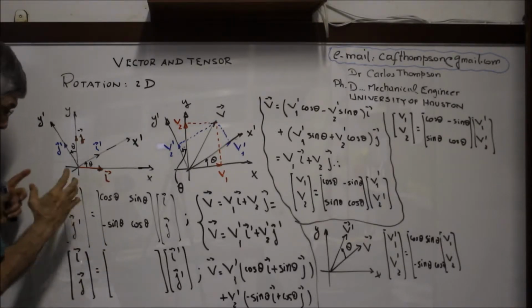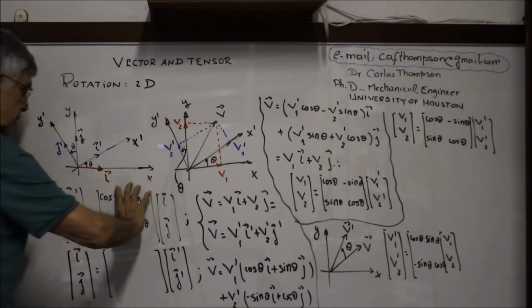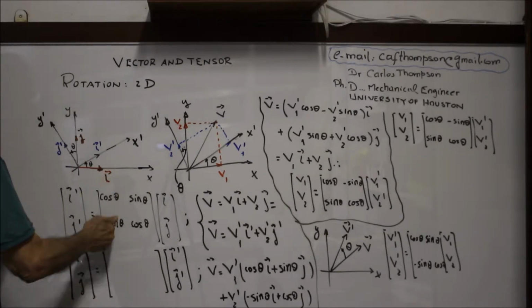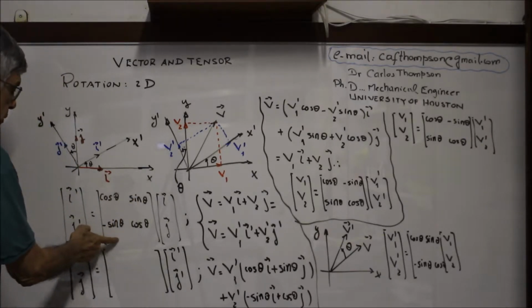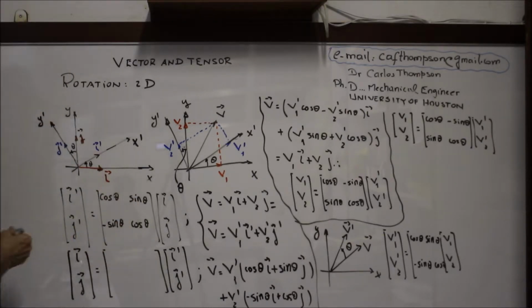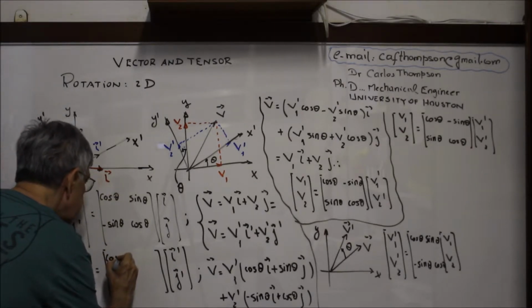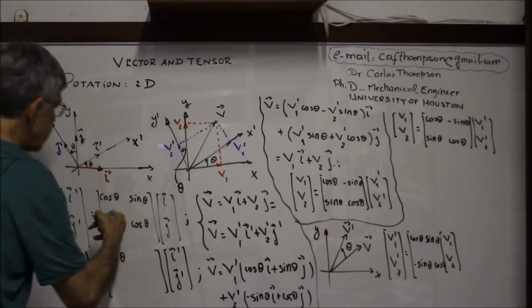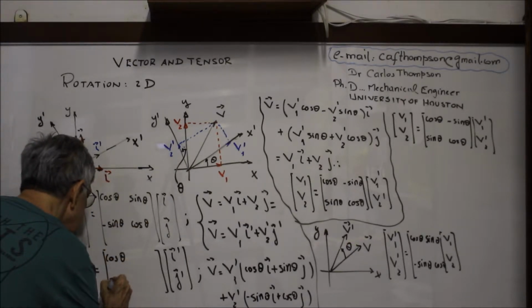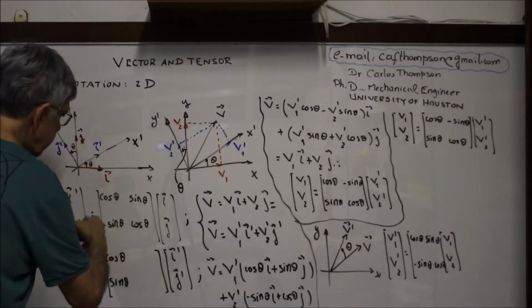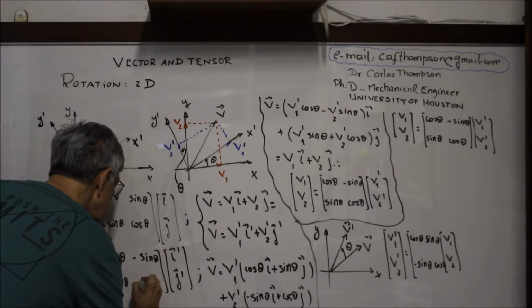Now, the transpose of this matrix is equal to the inverse, which it is, because these are orthogonal and orthonormal vectors. Then I take the transpose: cosine of theta, I take the first row and put it in the first column, here is sine of theta, and the second row in the second column, minus sine of theta and cosine of theta.